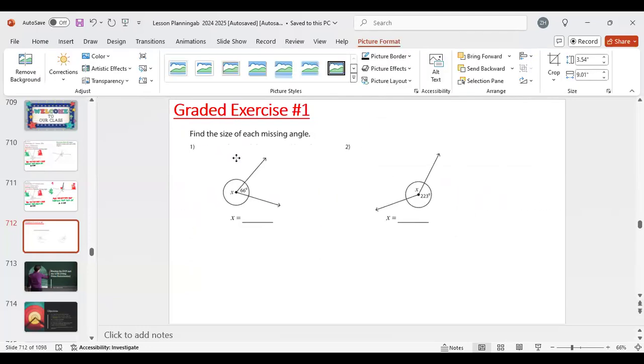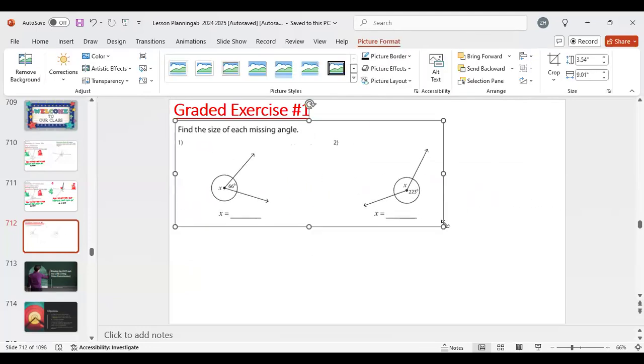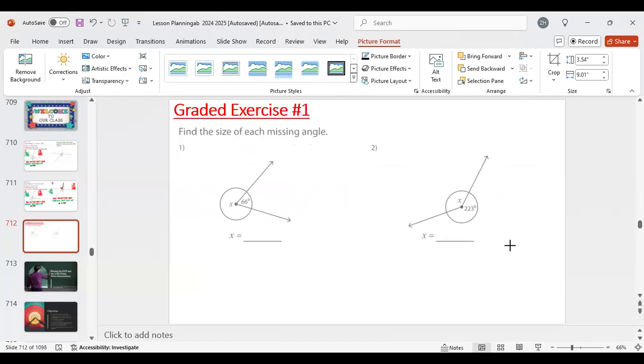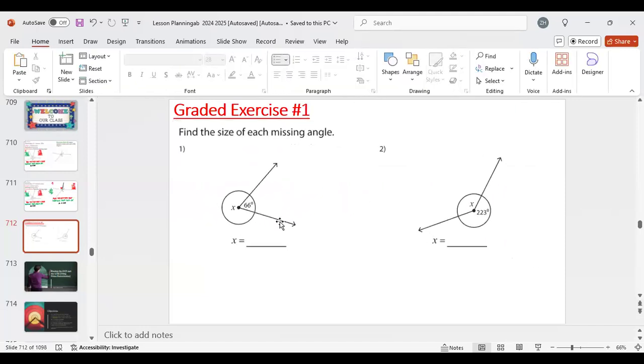So I want us to find the missing angle for these two. The numbers are 66 and 223. And let's do 1 or 2 interesting ones. Find the missing angle.